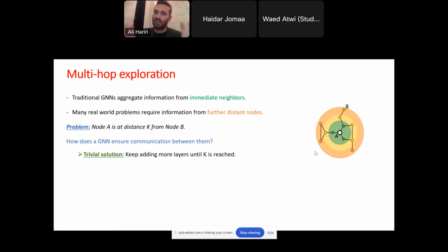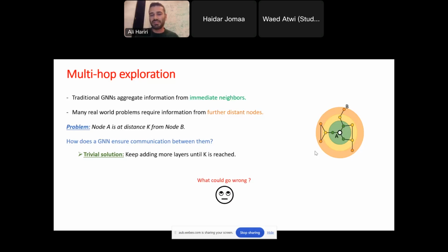Because the first time you apply that equation I showed you, you're accounting for your direct neighbor. You apply it a second time, you're accounting for your second hop neighbor, a third time, your third hop neighbor, and so on and so forth, until you reach the kth hop neighbor. So it seems like a perfect and easy solution. Like I can go from A to B by just repeating this process, and then problem solved.